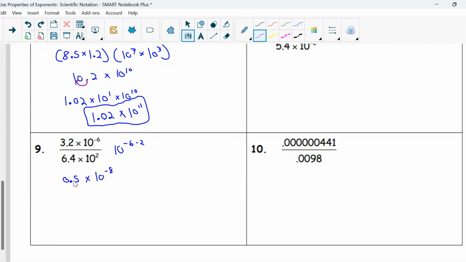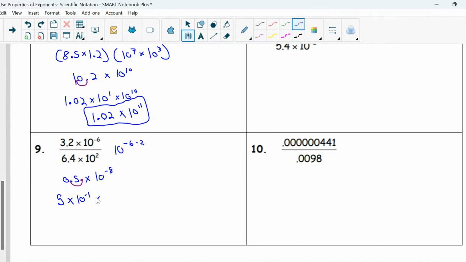So in order to get this in scientific notation, I need to move my decimal place one place to the right. So remember, when going from decimal to scientific, if you are moving to the right, it is the same as having a negative exponent. So in order to move this, I would have 5 times 10 to the -1st power.